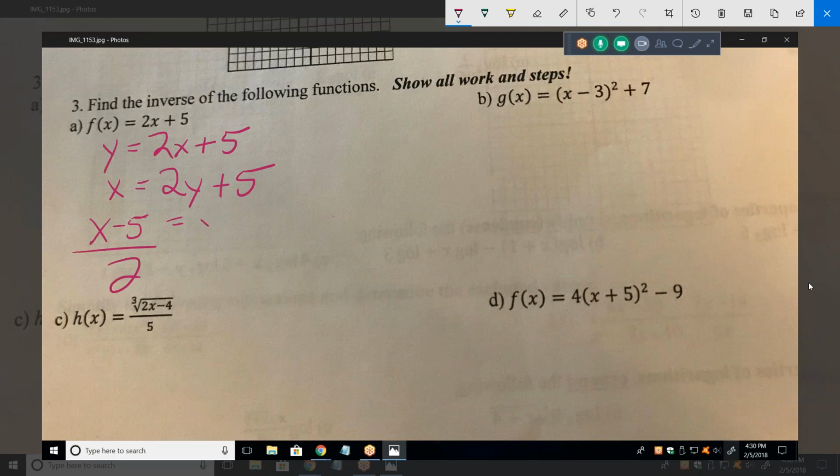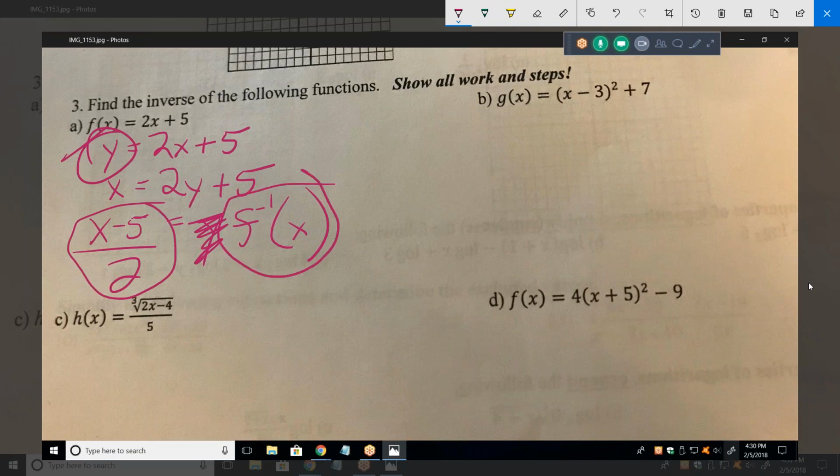So that gets you... And instead of calling it y, we're going to call it f inverse of x. Notice why we do that. We don't want to call it y. That y is the original function, f of x. Well, this is the inverse function. So we're going to call it f inverse of x. We're not going to call it y.